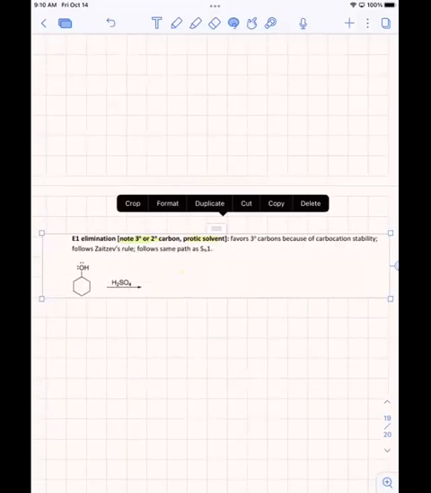Doesn't it go through a carbocation intermediate? Yes. So the E1, if it follows the same pathway, is why tertiary carbons are favored, because it's going to go through an intermediate. So we're going to go through the arrows for this.